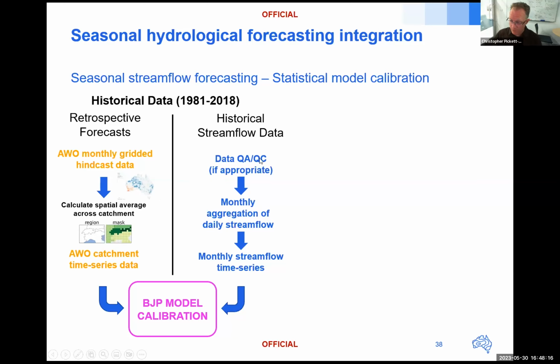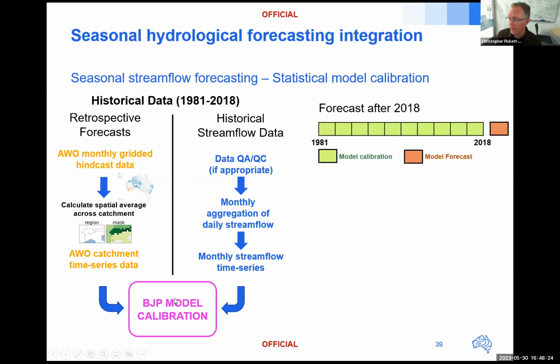With these two data sets, predictors and predictands, we can calibrate our statistical model. And with that calibration, we can provide a forecast. In this case, I can just show this timeline from 1981 to 2018. We calibrate the model based on these data pairs. And then with that calibrated model, we can provide a forecast in the future, the future being post 2018.